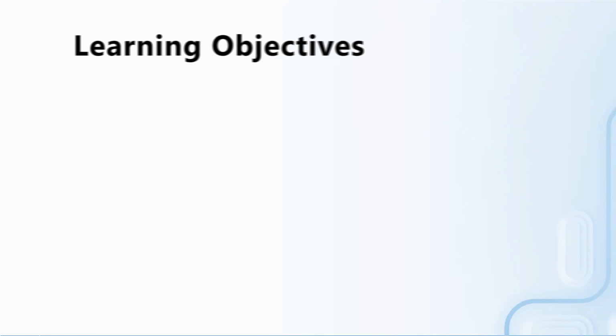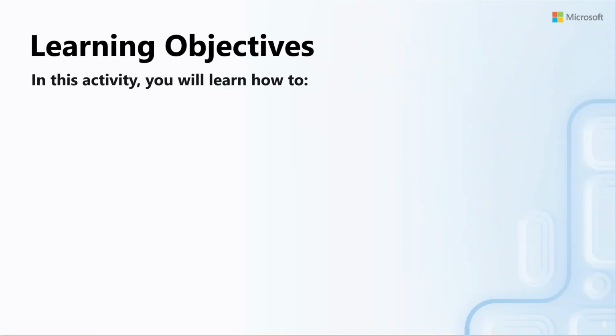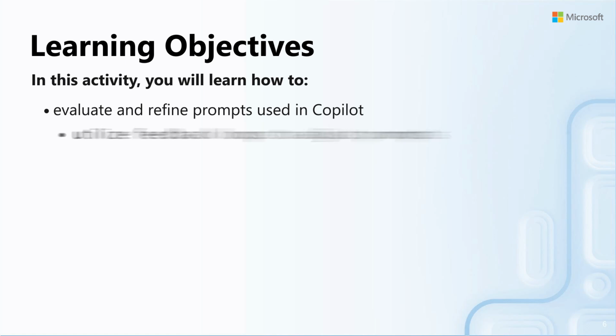By the end of this activity, you will be able to evaluate and refine prompts used in Copilot to enhance their effectiveness for creating and updating Gantt charts. You will learn to utilize feedback loops to adjust prompts, testing various phrasings and structures to optimize Copilot's output for improved results.